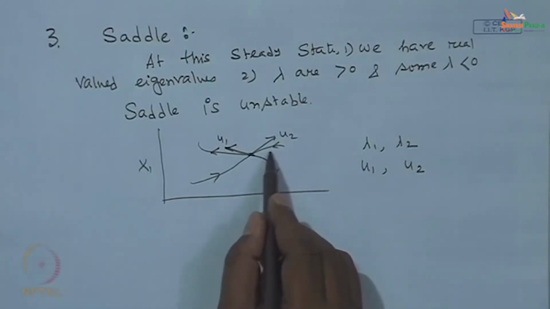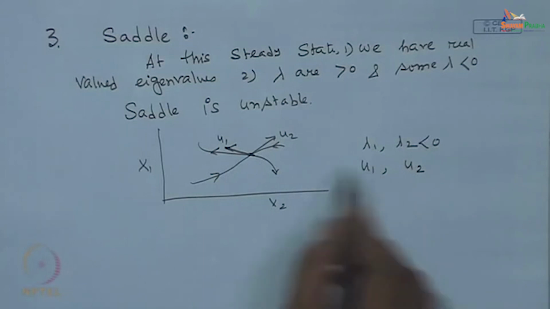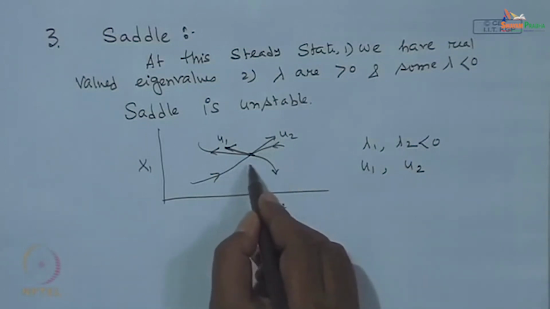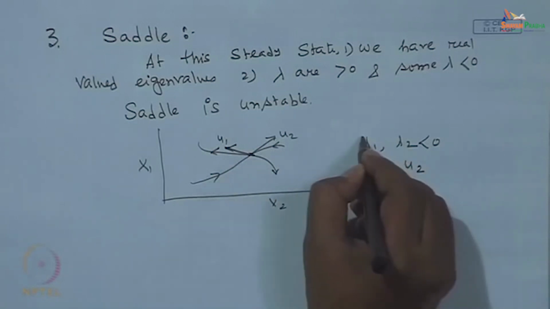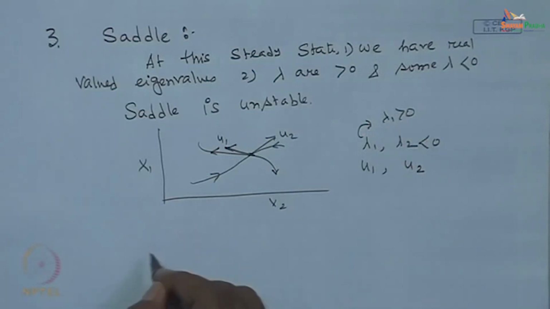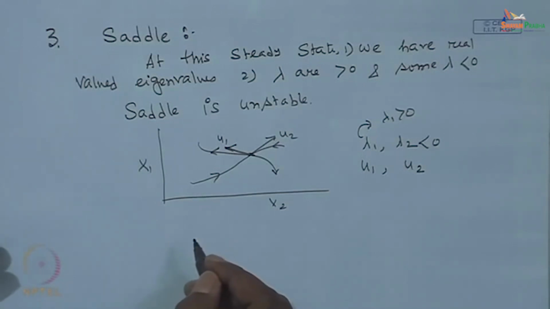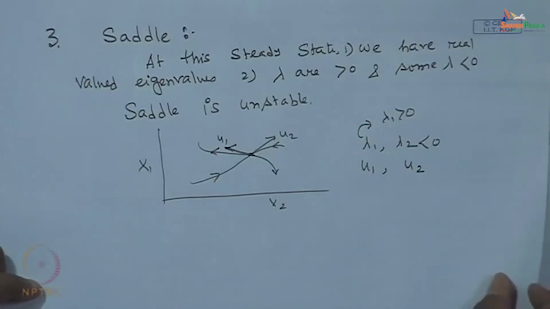Along this eigenvector any disturbance will decay, so lambda 2 is negative, and along this eigenvector u1 any disturbance will grow in time, so lambda 1 is positive. So, this is the case of a saddle. A saddle is basically a steady state where some of the eigenvalues are positive and some are negative. The next steady state we will be talking about is called a stable focus.